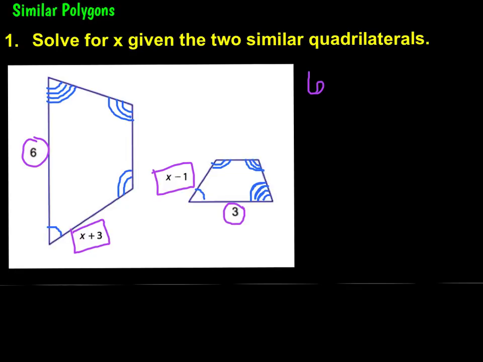Put 6 over whatever else I circled, which would be 3, is equal to, a proportion is two ratios that equal each other. Okay, now if I start with the 6, I have to start with the second fraction with the x plus 3. So I'm going to put is equal to x plus 3 over x minus 1. So we set up what's called a proportion.